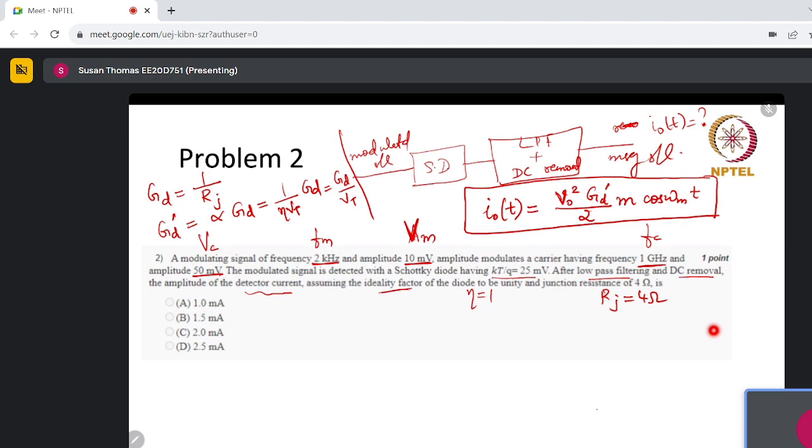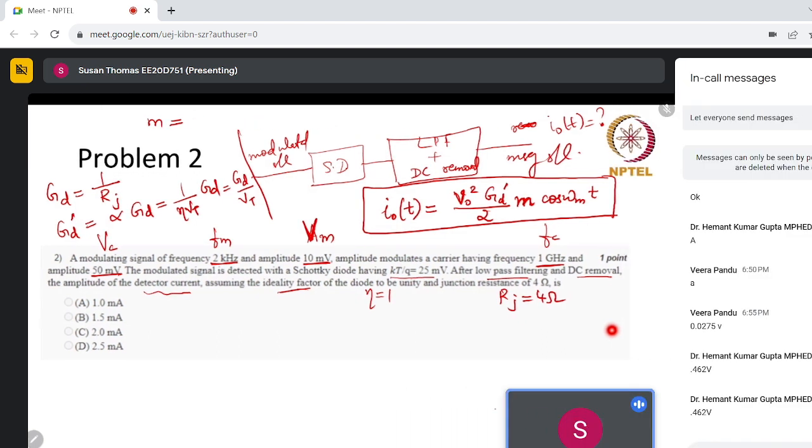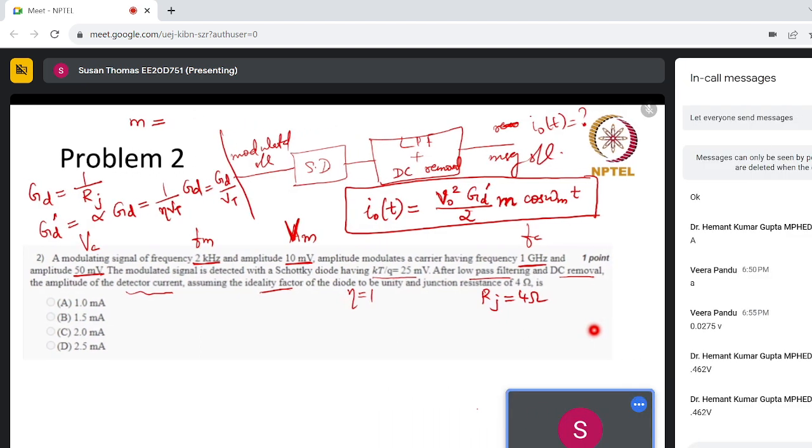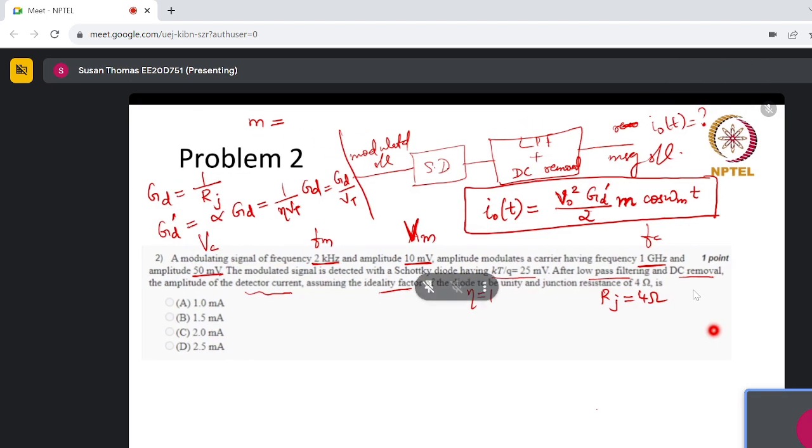Now, what is M in this equation? M is the modulation index. I hope you remember what the modulation index is. Can you tell what will be the value of modulation index in this particular question? You have the amplitude of the modulating signal and also the amplitude of the carrier signal.